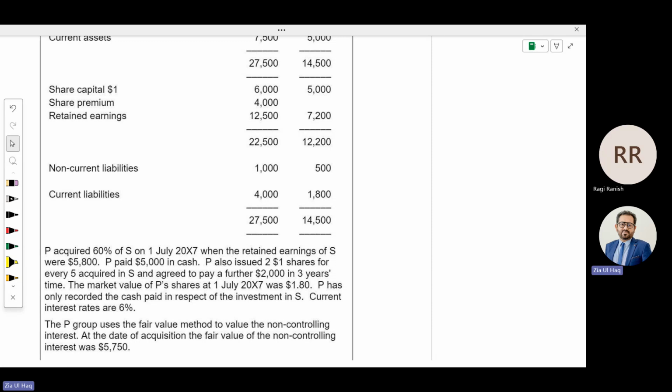How much is the consideration paid? 6,680.